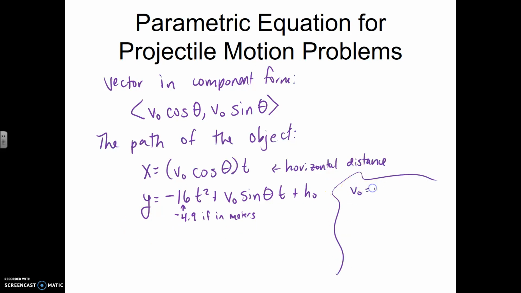The v sub 0 is the initial velocity. Theta is the math angle, which will be in the problem, that the object is released at. The reason I say math angle is because in the past we've had different types of problems that have bearings and stuff. These will actually give you the math angle. h sub 0 is the initial height.